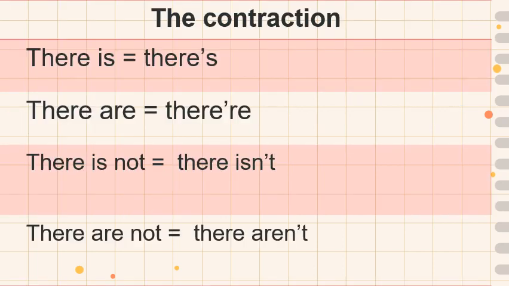The contraction. You can contract 2 words into 1 word. For example, there is becomes there's. Number 2, there are becomes there're. But you cannot use this in formal writing.